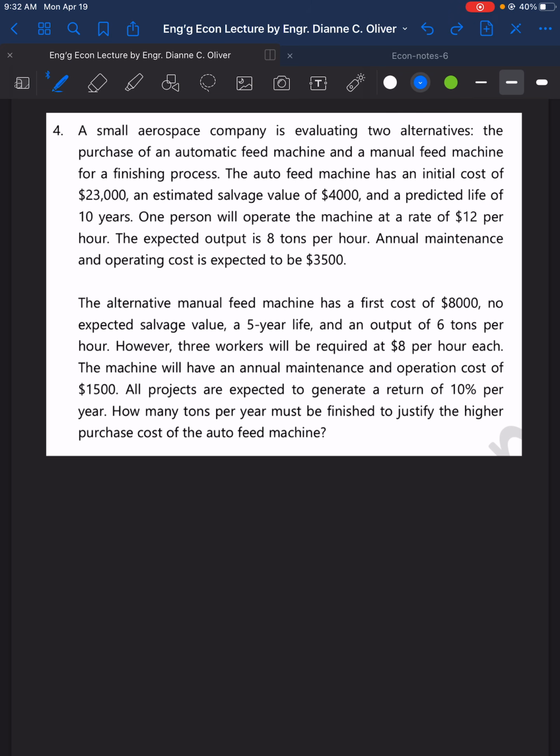But the percentage is 10% per year. Says their annual maintenance. So I'm not seeing any monthly here, so let's just go for the yearly, and then let's be consistent in using the yearly or the annual word.